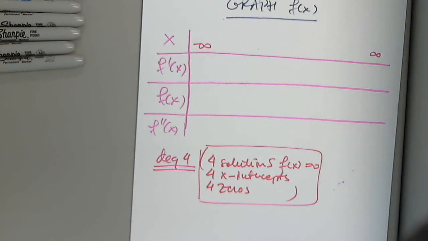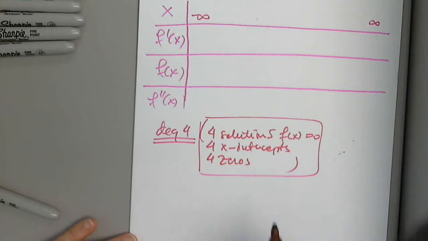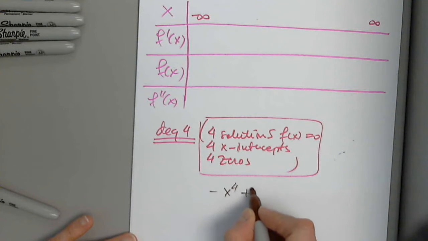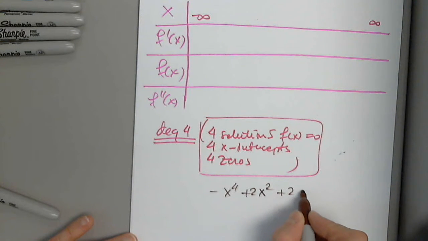These are used interchangeably. Okay. So I have negative x to the 4th plus 2x squared plus 2 equals 0.